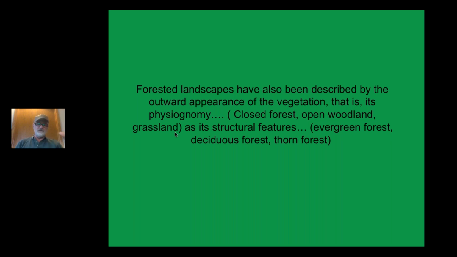Is it an evergreen forest? We already talked about the evergreen forest and deciduous forests in the previous slides. And then thorn forest is also a term that's used. This is, oh man, I hope I put the slide in. There was a slide that I was going to grab, which was this one right here.